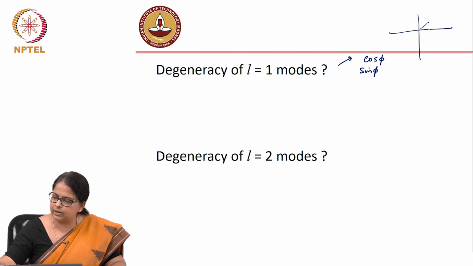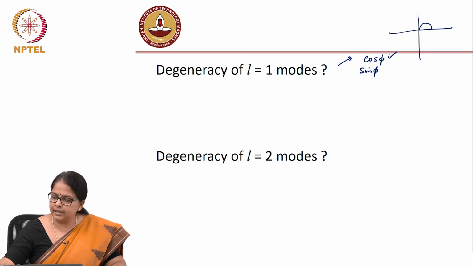For phi equal to 0, if I take cos phi, the field has a maximum value. For phi equal to 90 degrees, the field has to get reduced to 0.